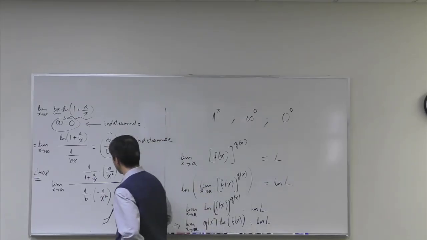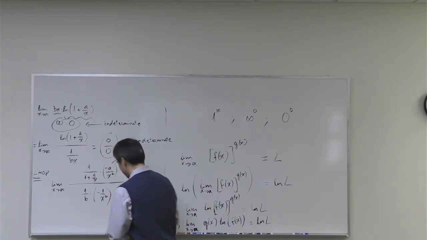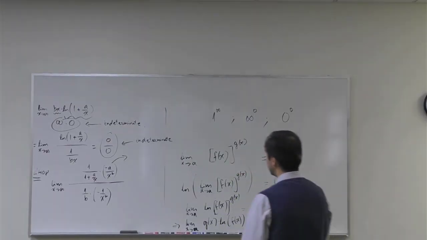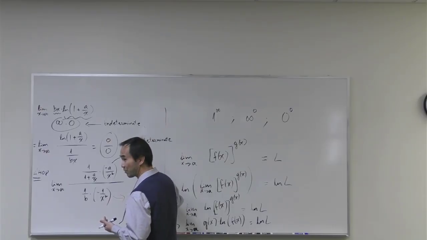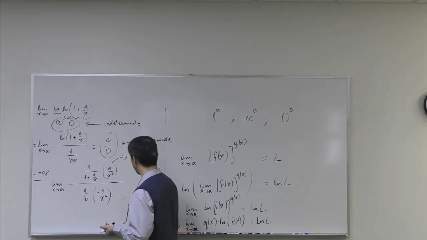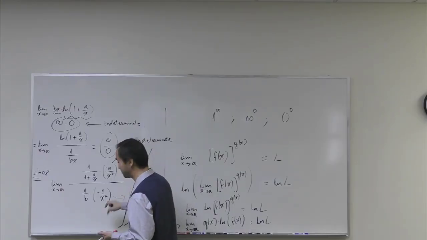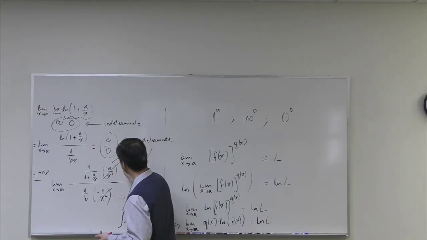You now see that I can algebraically rewrite this. It's optional to explain, it doesn't have to be written down, but I can see the numerator as an a times a negative 1 over x squared. And this one here is already a negative 1 over x squared. So we can cancel these away.